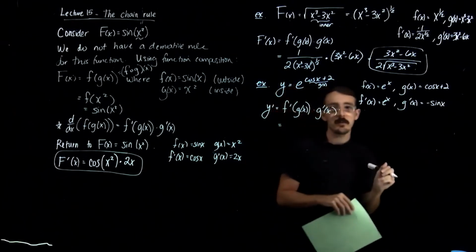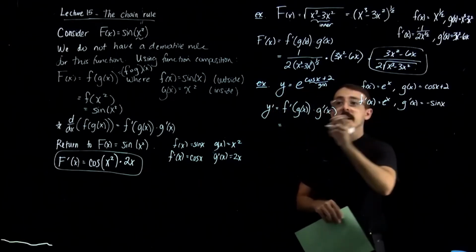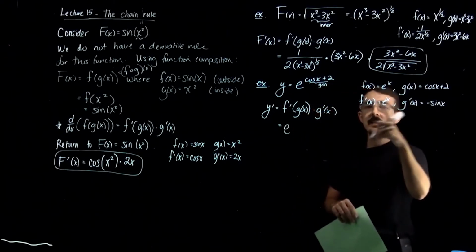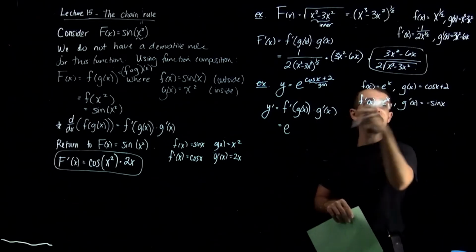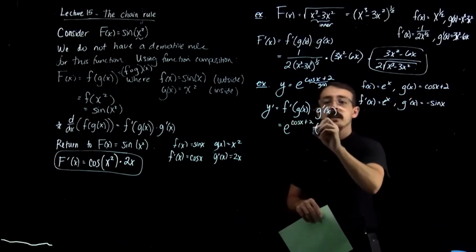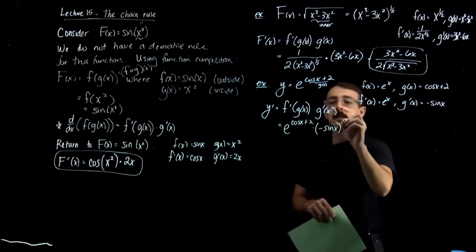It's me just writing the chain rule formula. F prime is this e to the x function. So it's e to the, and instead of x, I'm going to plug in g of x, which is cosine of x plus 2, and then times g prime of x, which is minus sine of x.